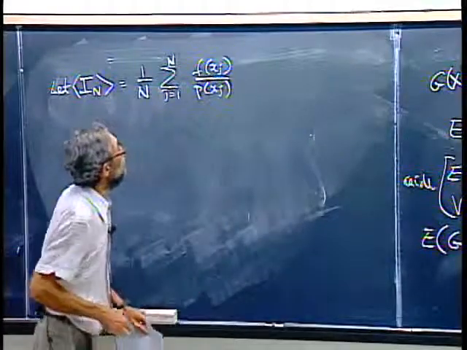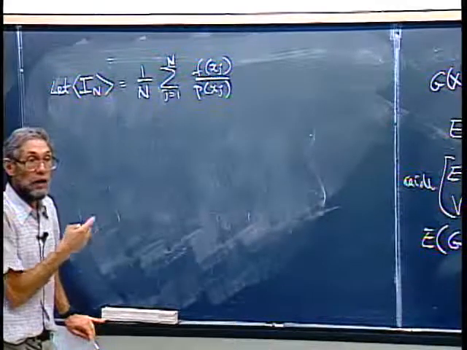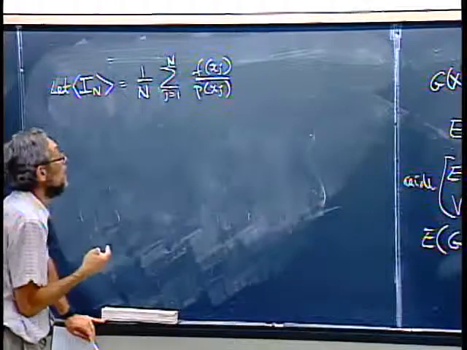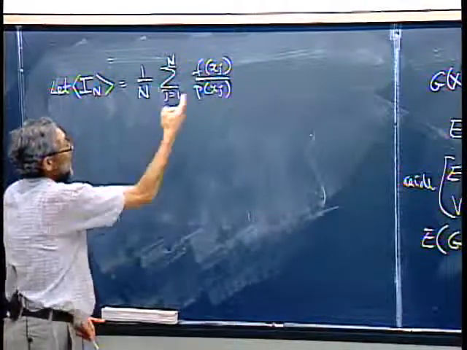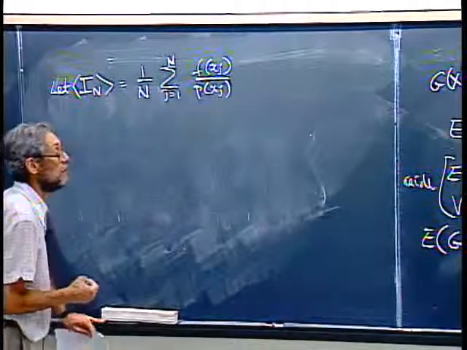So now you choose n random numbers. In our case, they're one-dimensional, so they're just floats, single numbers. And you take the average of the values you get, f over p of x.